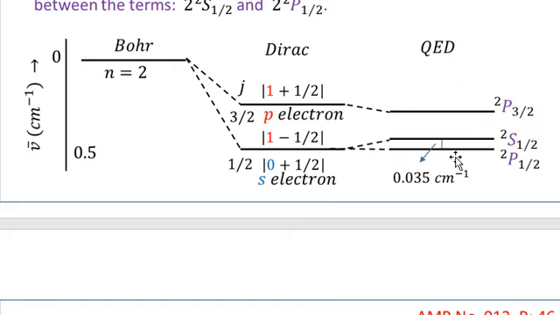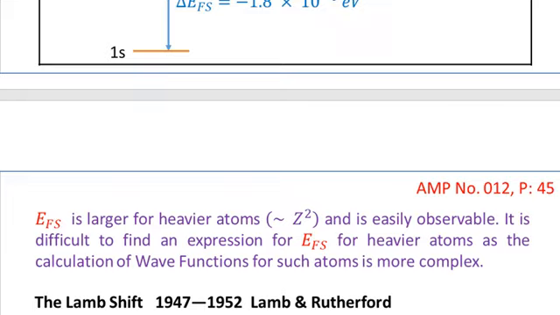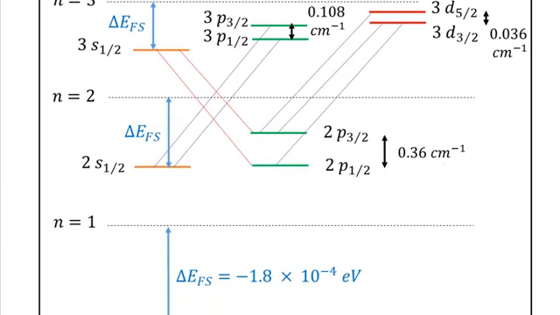You have to include, you would say that the levels with the same value of J, for example S1/2 and P1/2, are different in energy, and in this case S1/2 is greater in energy in comparison with P1/2. So if you refine the previous diagram, then the level 2S1/2 will be greater in energy than the level 2P1/2.